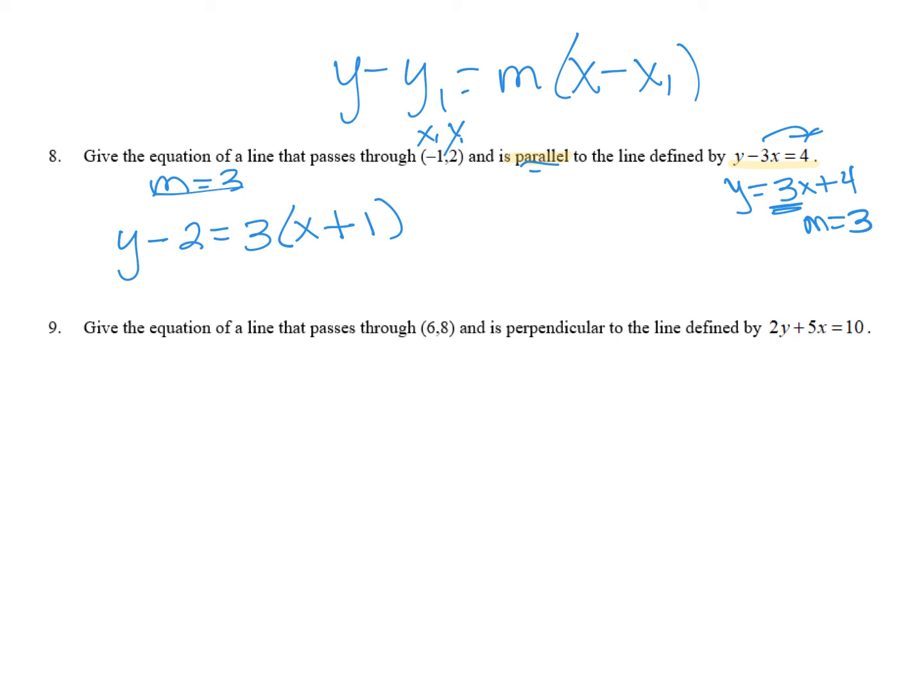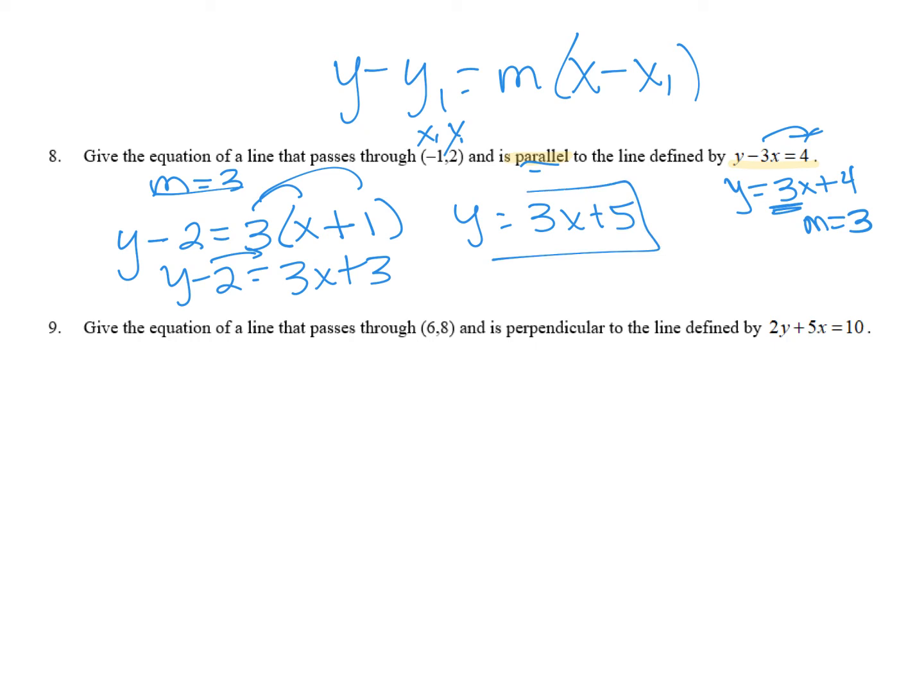Of course, typically you end up in slope-intercept form, so that's what I'll do. We're going to distribute that: y minus 2 equals 3x plus 3. Then I'm going to add 2, which gives me y equals 3x plus 5. So there is the line that is parallel to this line but goes through (-1, 2).